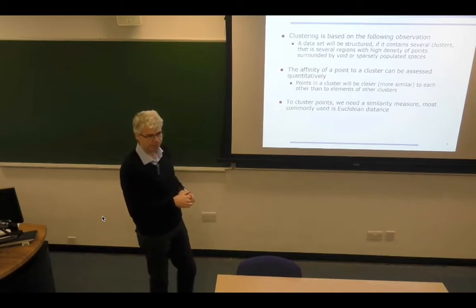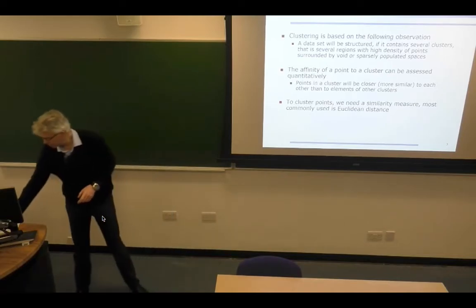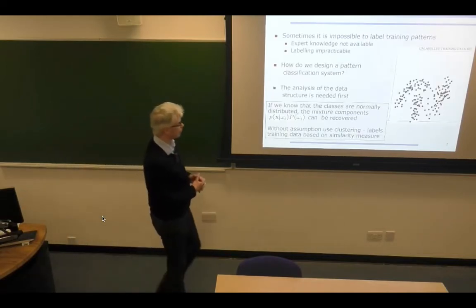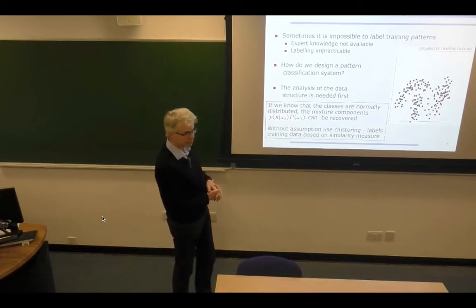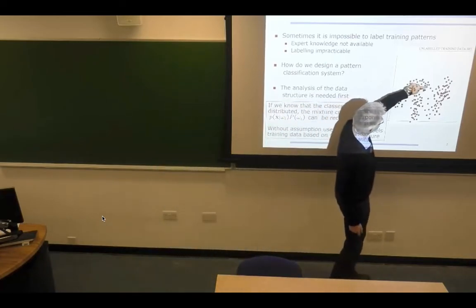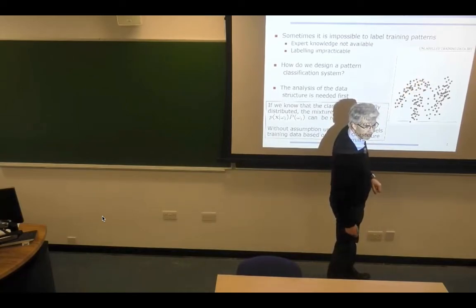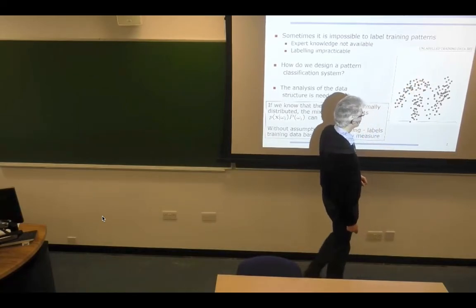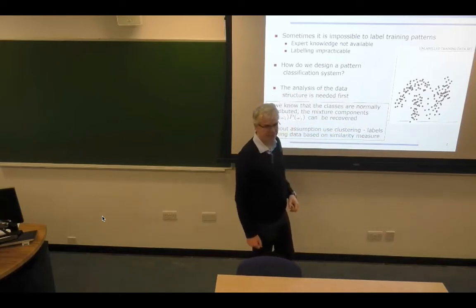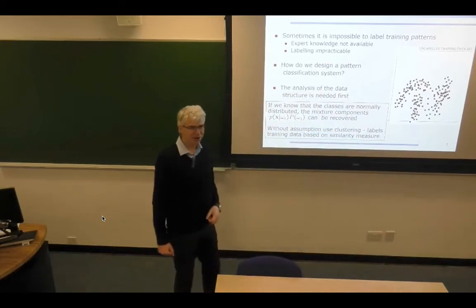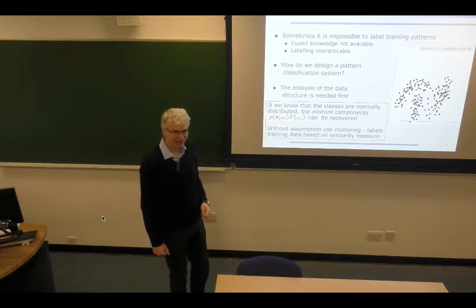Yes? You mentioned the banana shape of a lump. Maybe this shape is one cluster around here. How do you know it's not two different ones, one horizontal and one like this? Yeah, that's a very interesting question. We don't know.